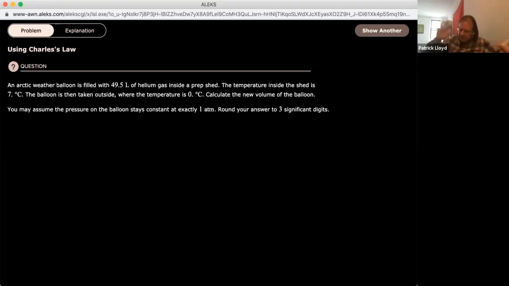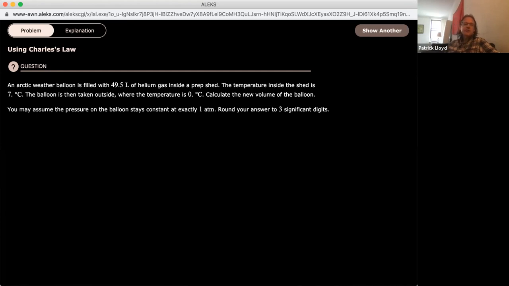So let's come back and look at this problem. V1 over T1 is equal to V2 over T2. So notice, an Arctic weather balloon is filled with 49.5 liters of helium gas inside a prep shed. Okay, well, there's your V1. The temperature inside the shed is 7 degrees C. There's your T1, but you're going to convert that to Kelvin.